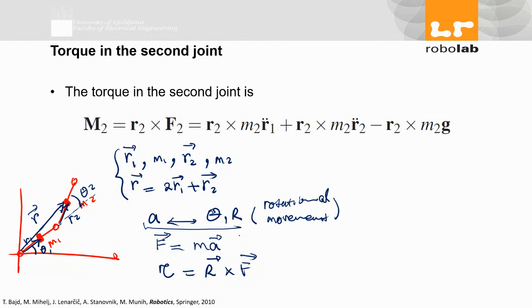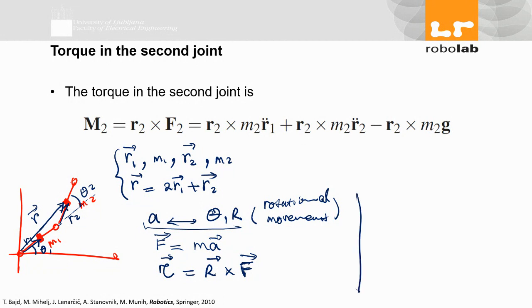And when I had this, just having ma gives me the relationship between acceleration and force. I have force, and by using again distance from center and vector cross multiplication, I can find torque. I can find torque at each joint.